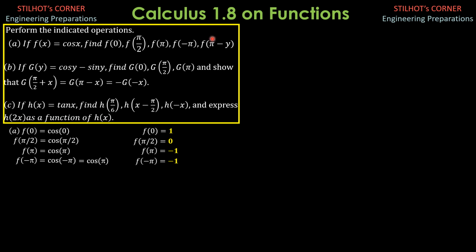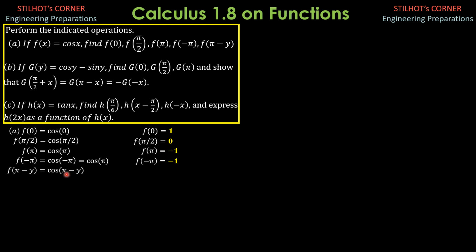So next is f of quantity pi minus y. We have this cosine of quantity pi minus y. You have to recall the difference formula, cosine of alpha minus beta, which is cosine alpha cosine beta plus sine alpha sine beta. That's the expansion.